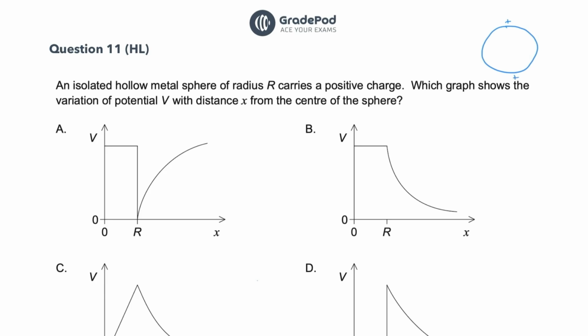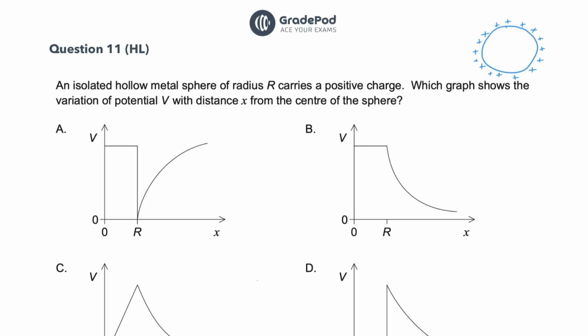That means the charges are equally spaced around the edge of this hollow sphere. They're equally spaced because they all carry the same electric field and they all repel each other in an equal fashion.